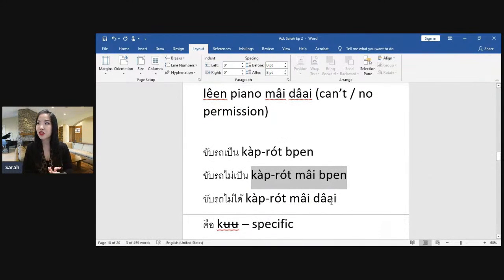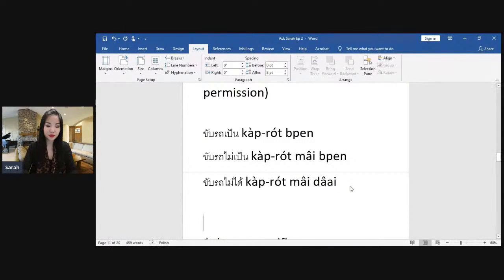Another expression in Thai that we use, which is not really related to skills, but we use the word เป็น anyway, is with food: กินไม่เป็น.